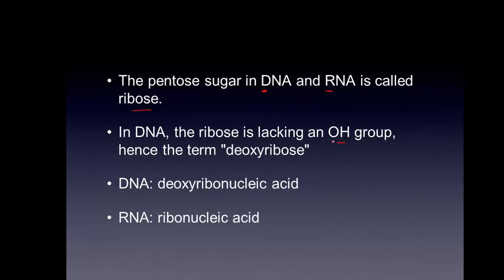So no OH group, deoxy, and ribose the sugar, so deoxyribose. Okay, and it is an acid, so the full name for DNA, you might know this, deoxyribonucleic acid. And RNA is just ribonucleic acid.